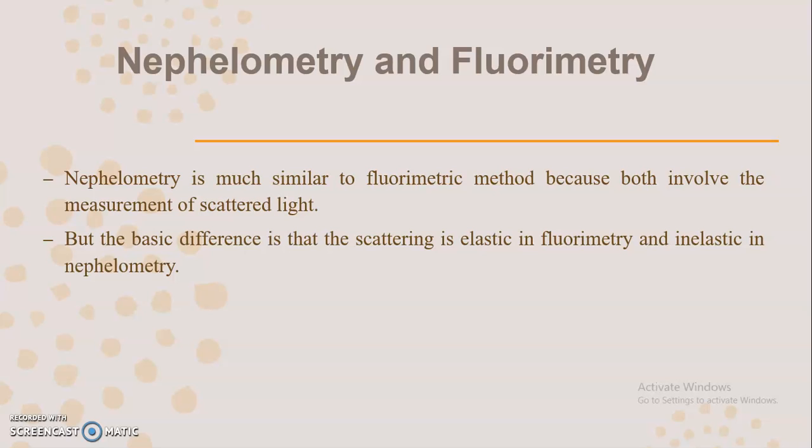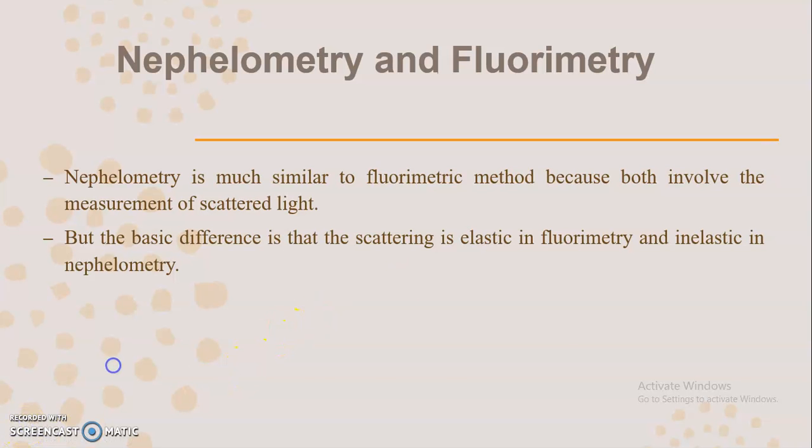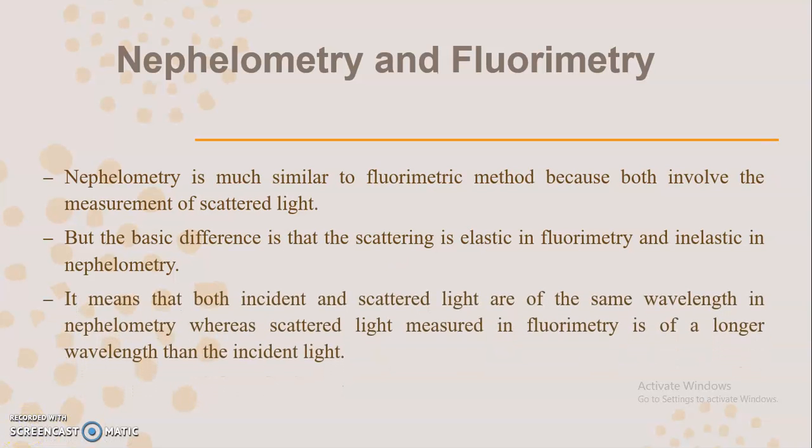So this is the introductory part about nephelometry as well as turbidimetry. It means that both the incident and the scattered light are of the same wavelength in nephelometry, whereas scattered light measured in fluorimetry is of a longer wavelength than the incident light.